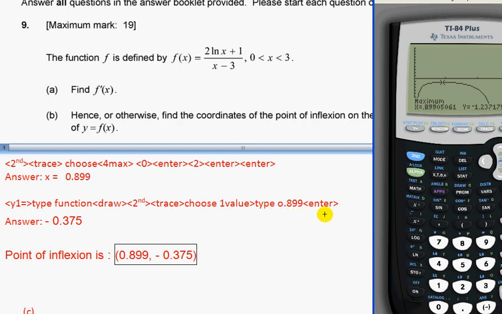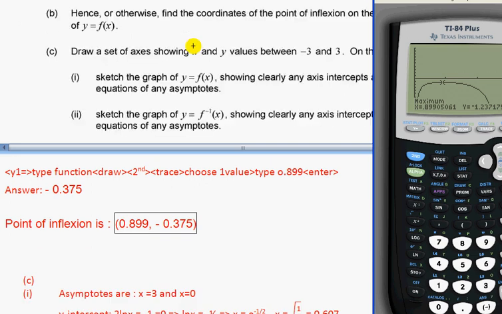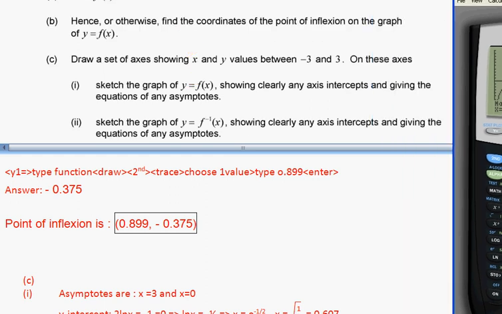Question 9. Okay, right, so we found, sketch the graph. Okay, let's put it aside. Sketch the graph of y equals fx showing clearly any axis intercept giving the equation of any asymptotes. So let's look to our function.